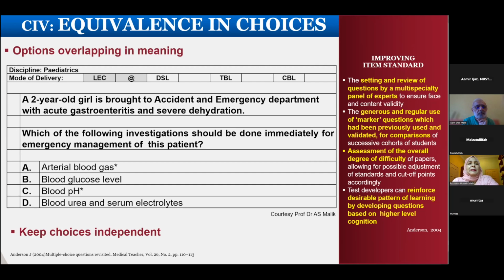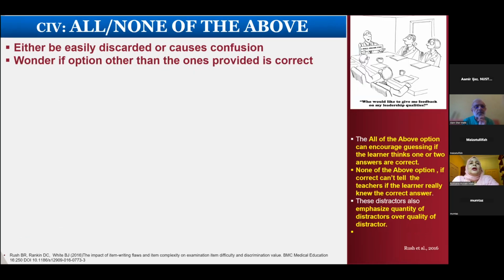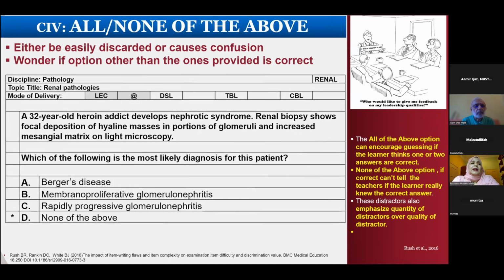Keep the choices independent of each other. All and none of the above are either easily discarded or cause confusion, making students wonder if options other than the one provided are correct. For example, in this one, the none of the above option was there. This type of question is again not a best answer question, because none of the above is not the answer of any question.